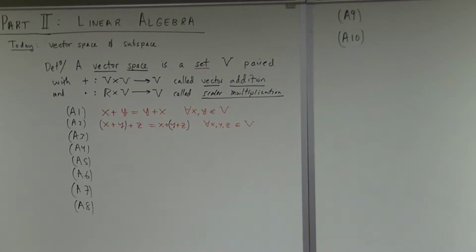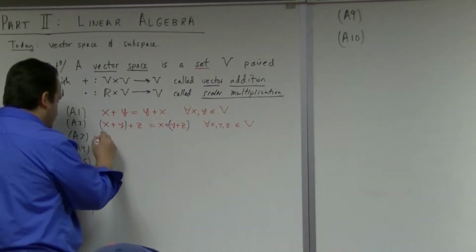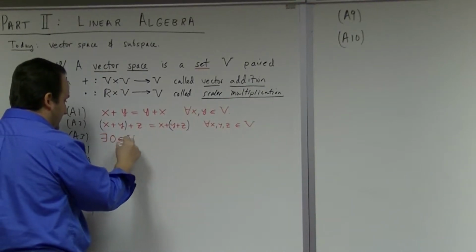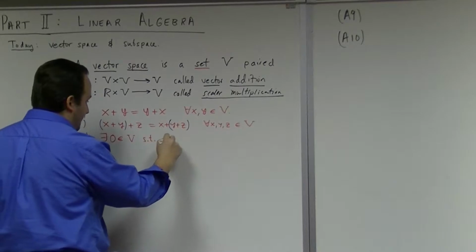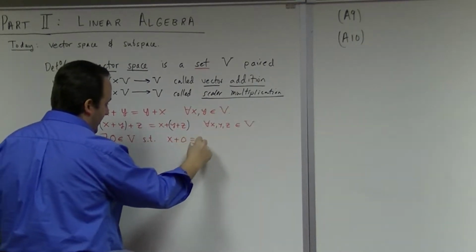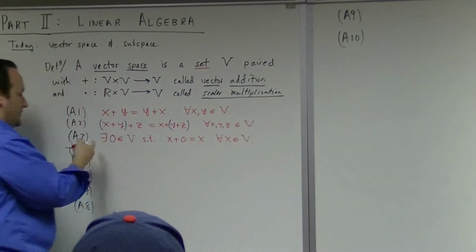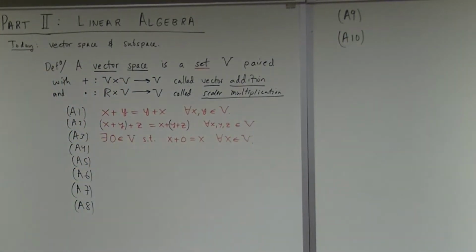Addition is associative. There exists 0 in V. In other words, there exists a so-called additive identity, such that x plus 0 is equal to x for all x in V. So axiom 3 is the existence of an additive identity.